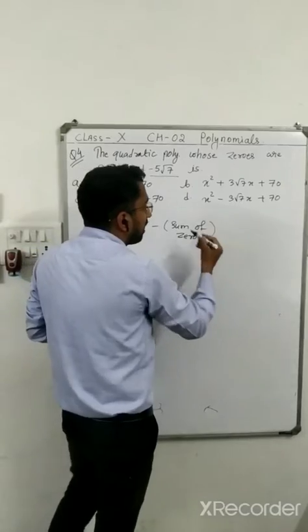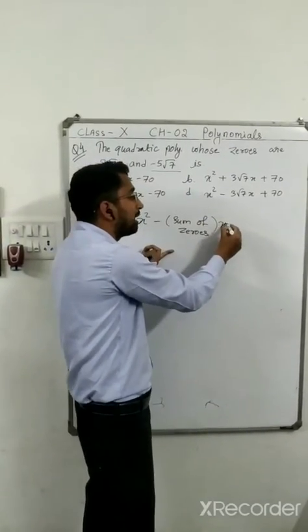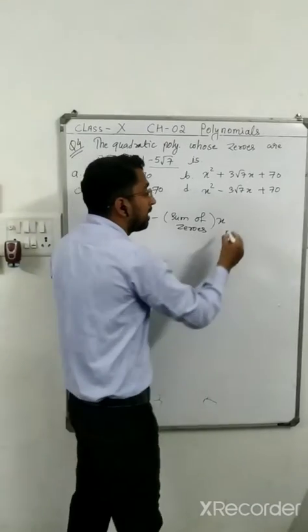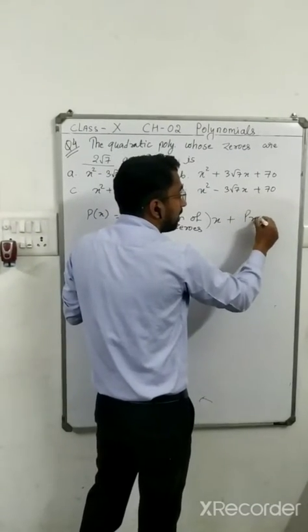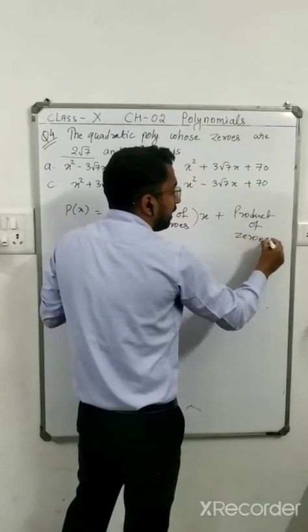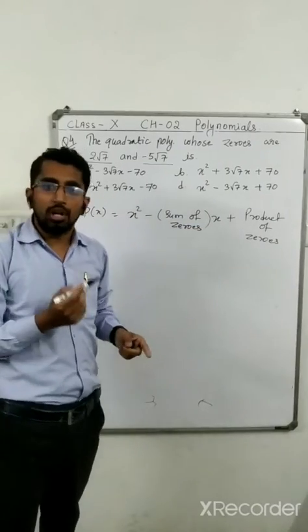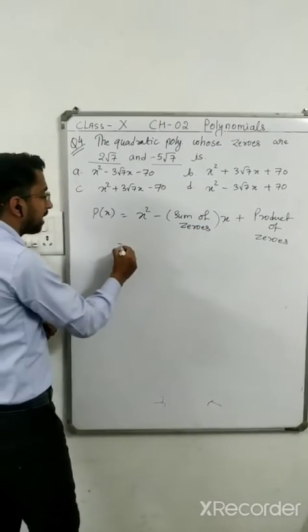Whatever the zeros given to you, you have to find their sum and multiply with x. Then at the end you have to add the product of zeros. You need to find the sum of the zeros once and then find the product of the zeros. So let us find it out.